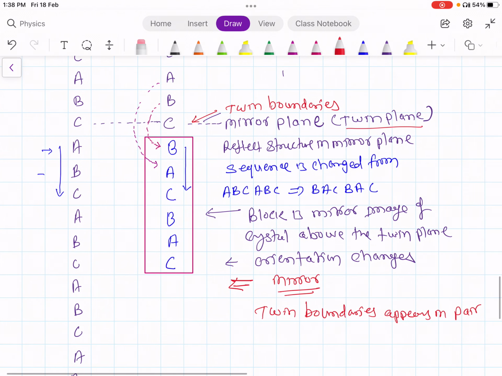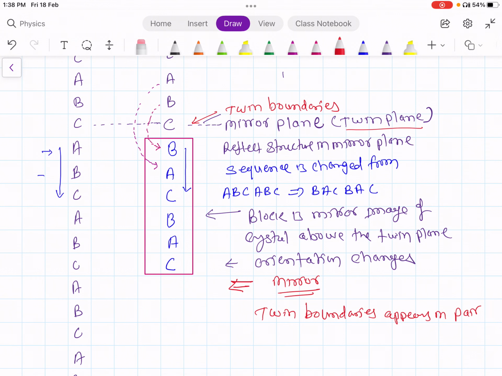So let's see that. Again, assume that this is our mirror plane, or a twin plane, or you can say this is the second twin boundary.